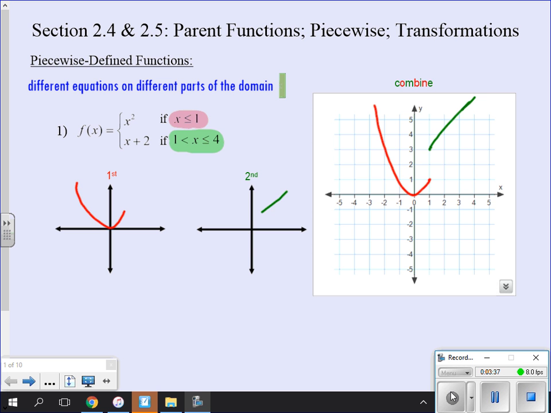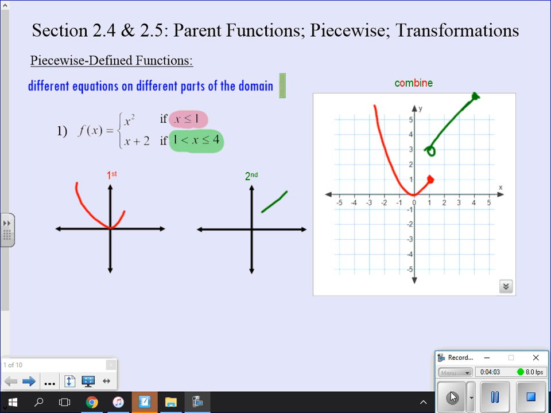X squared when my domain is less than or equal to 1, x plus 2, and I didn't actually do this right. I should have an open circle here, a closed circle at the end here, and a closed circle here. When you have a piecewise function, the domain only has one function for each point.